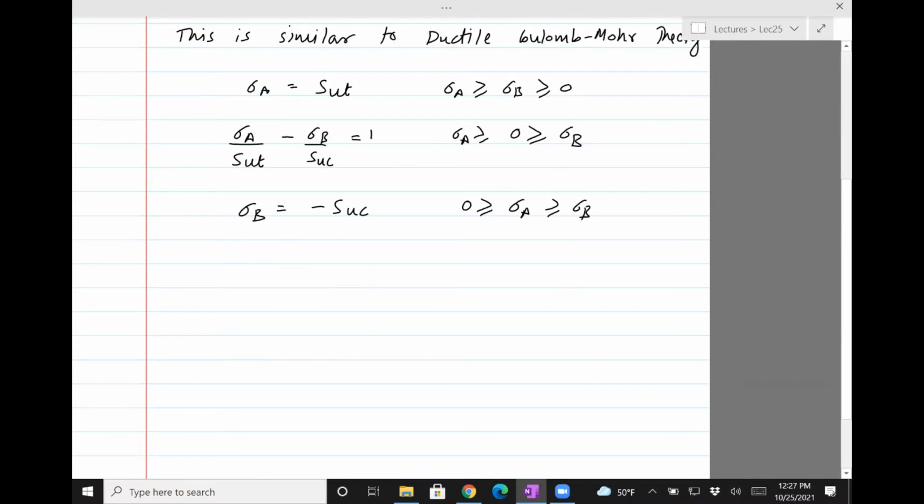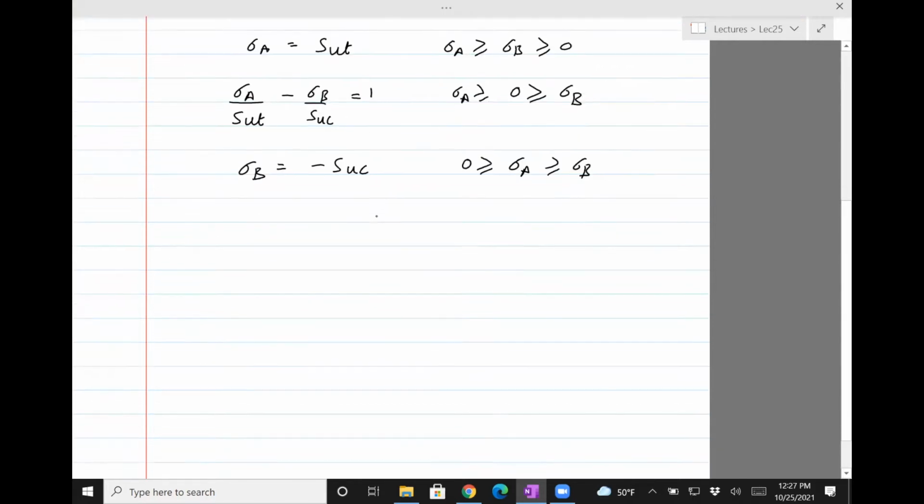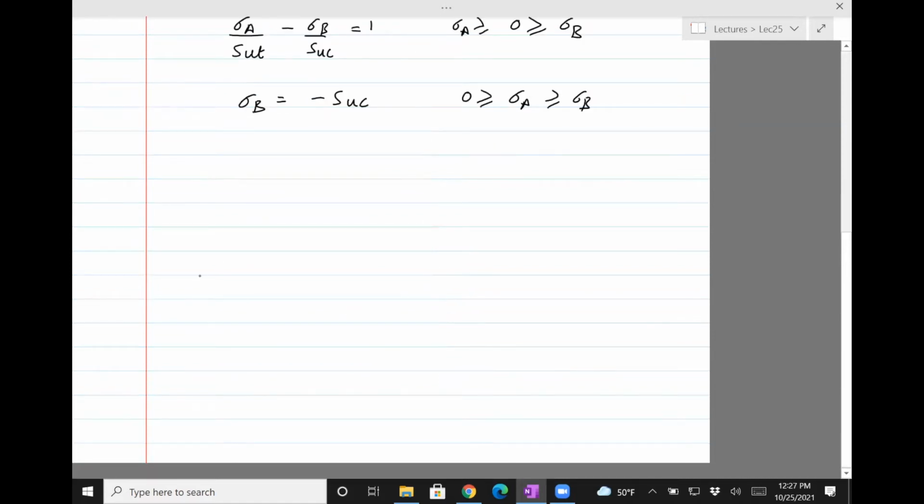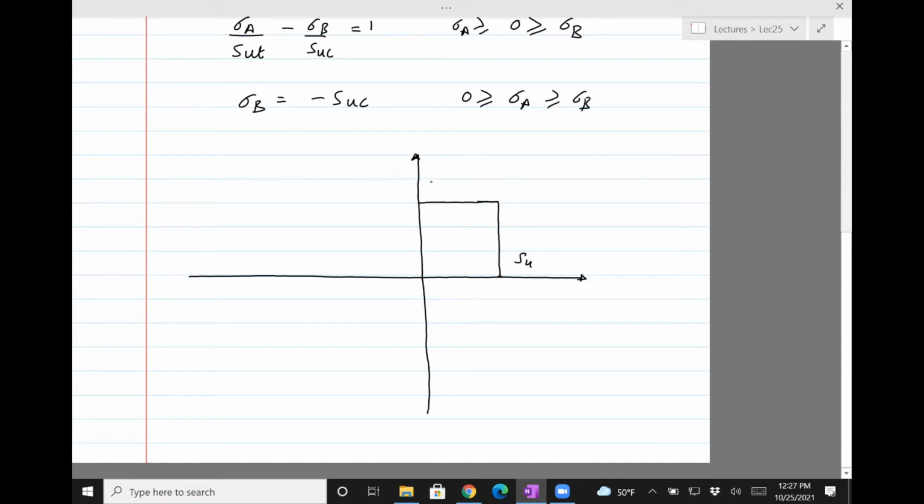Okay, we have done a plot for this, so I'll just redo it. The plot is identical to the one we did for ductile Coulomb-Mohr theory. So these are our tensile limits.